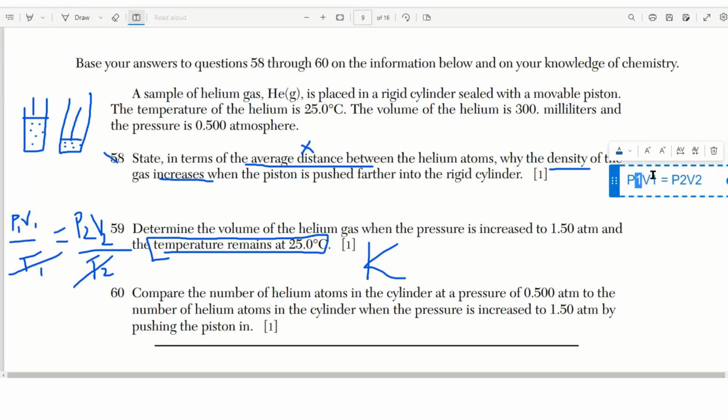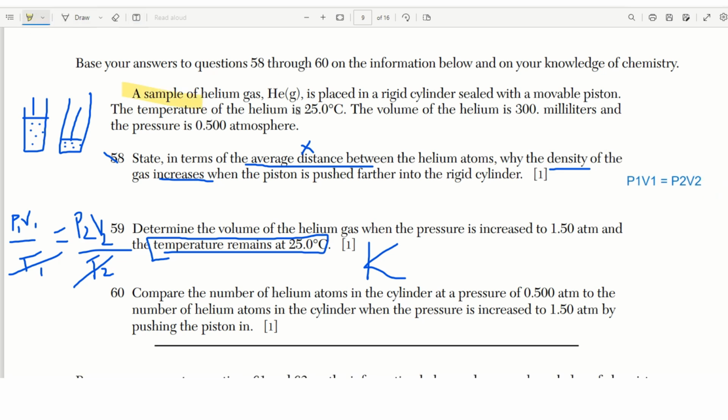Okay, so it says the pressure is increased to 1.5. That is going to be P2. But where am I going to find P1 and V1? Up here in the reading. All right, so now I need to go up here. The volume is this. The pressure is this. So that's for 1.